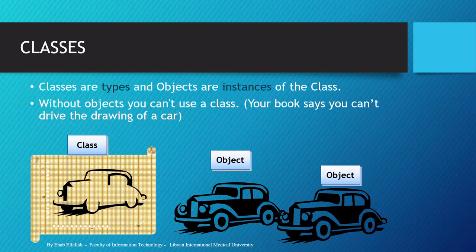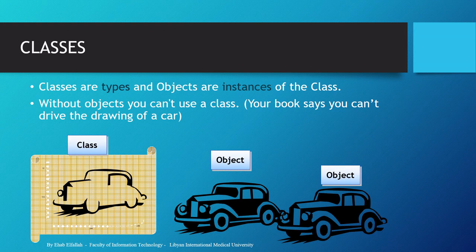So imagine, for example, when we want to use a variable, and this variable is of integer type or string type or float type, this is a type. If we want to build a custom type for ourselves, we will use classes, because classes are types.